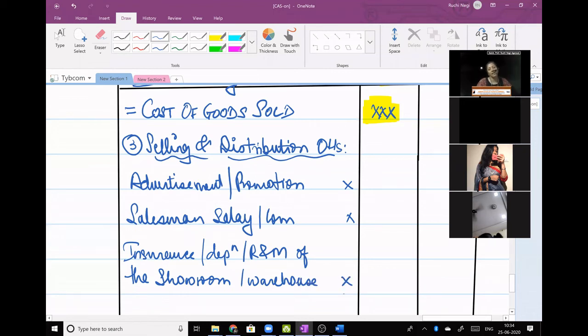Okay, all this category. Just look at the word showroom. Showroom is the place where you keep your finished goods that are ready for sale. So insurance, depreciation, repairs and maintenance with respect to showroom or warehouse will be a part of selling and distribution.